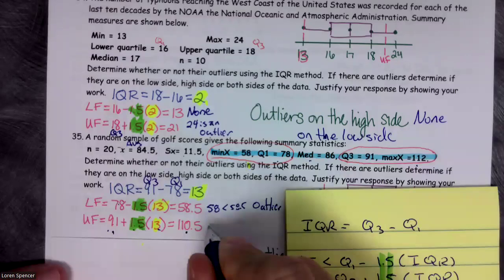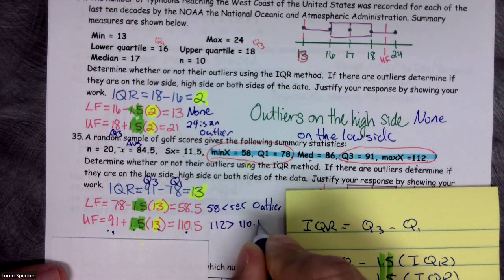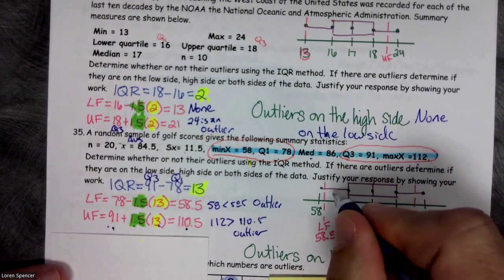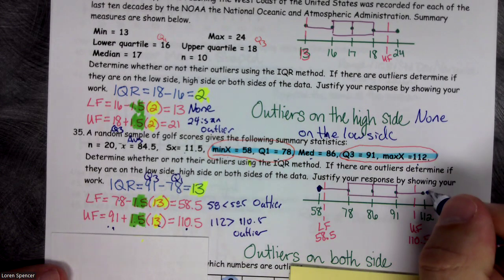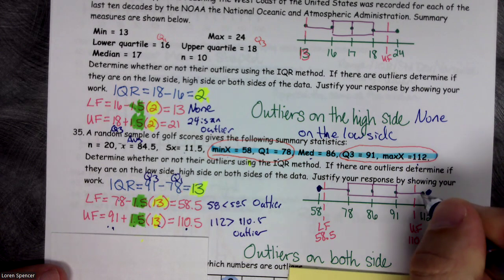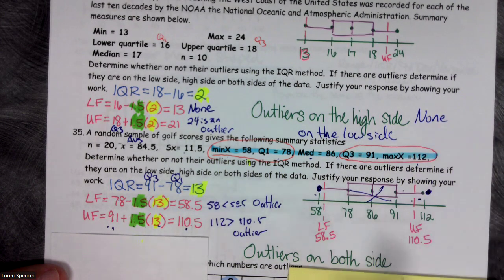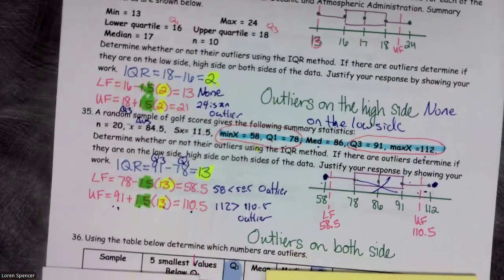So guess what? 112 is greater than 110.5. So we have an outlier. So in this case, we have outliers on both sides. All right. This right here is outside the fence, and this right here is outside the fence. They shouldn't be connected, so I'm going to scratch that out. But 112 is definitely outside the fence, and 58 is definitely below 58.5. So outliers on both the high side and the low side.